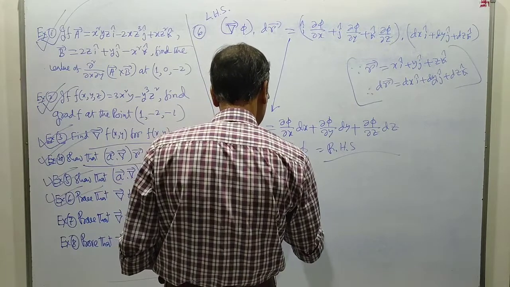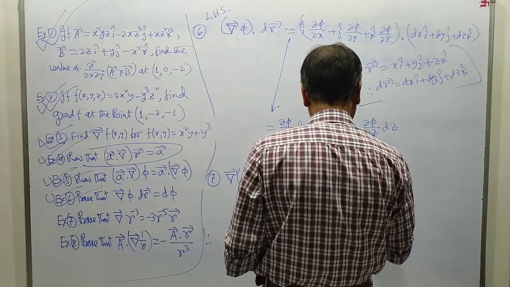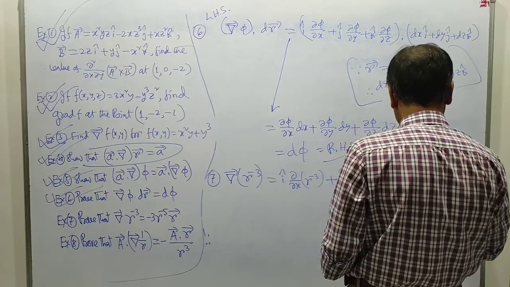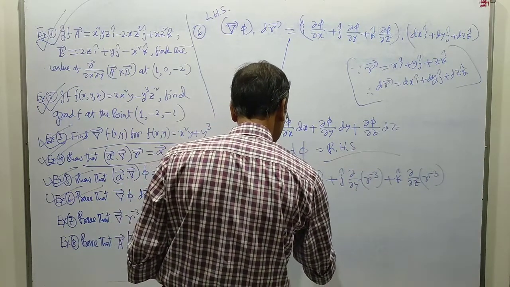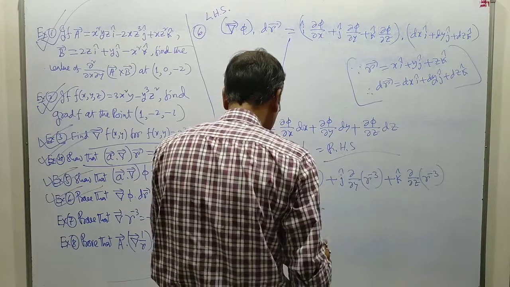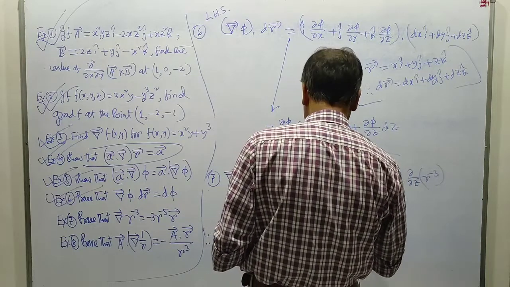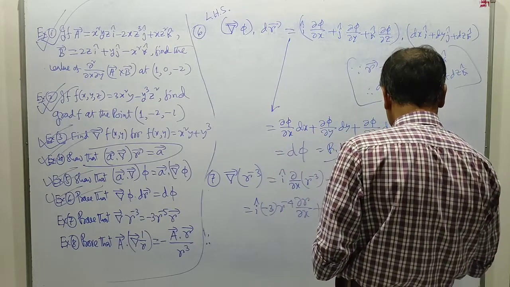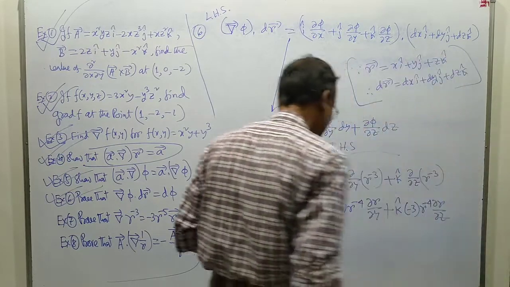This is equal to i cap minus 3 r to the power minus 4 ∂r/∂x plus j cap minus 3 r to the power minus 4 ∂r/∂y plus k cap minus 3 r to the power minus 4 ∂r/∂z.